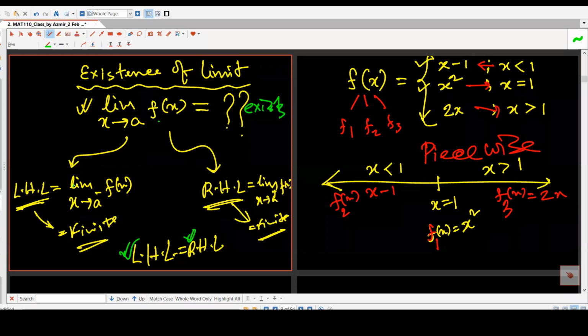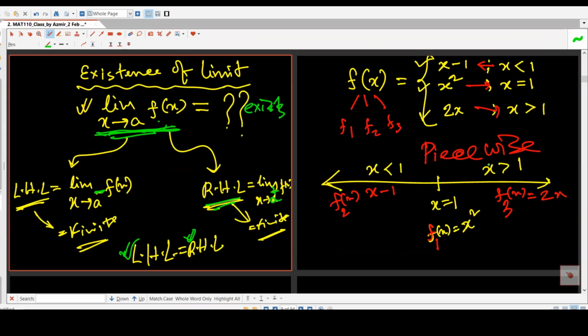What is the left hand limit? It is the same notation that we have written above, but here we have a minus sign. What is the right hand limit? It is the same notation, but with a plus sign. This plus and minus are just the directions, nothing else. So if both the left hand limit and right hand limit are the same, then only we can say that the limit of the main function exists.